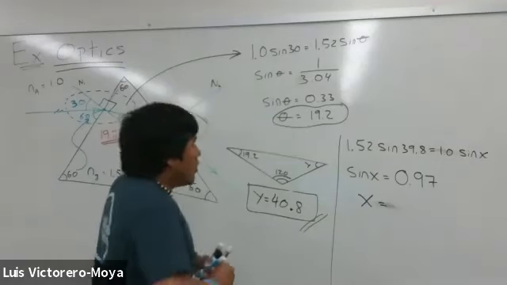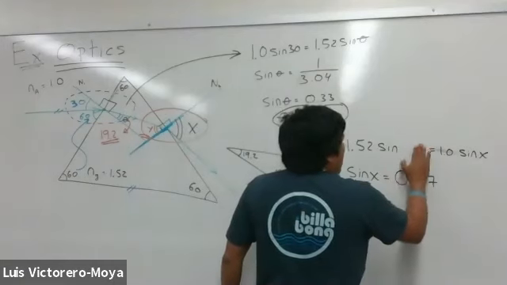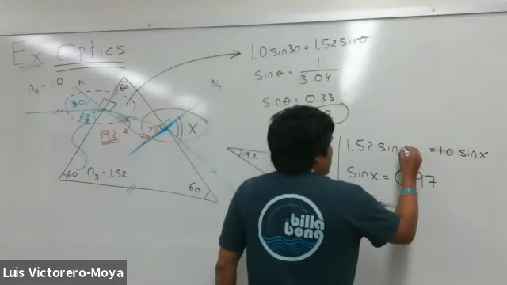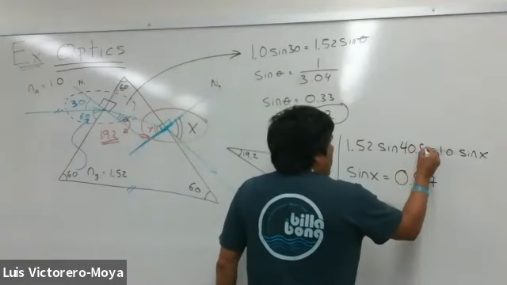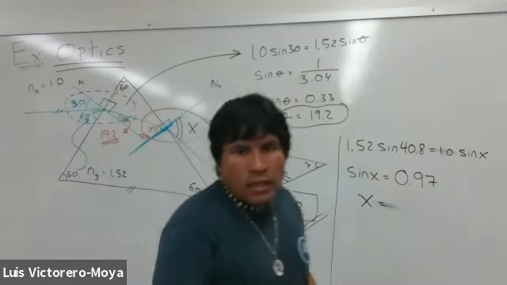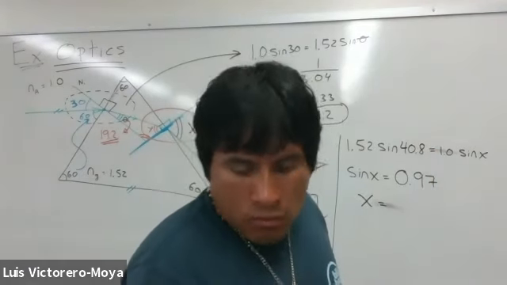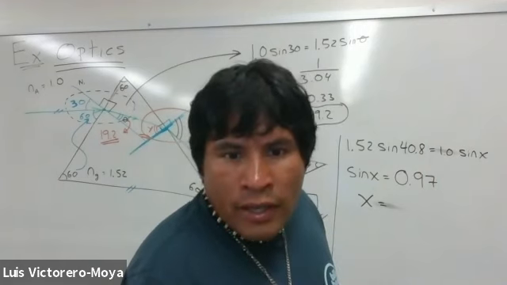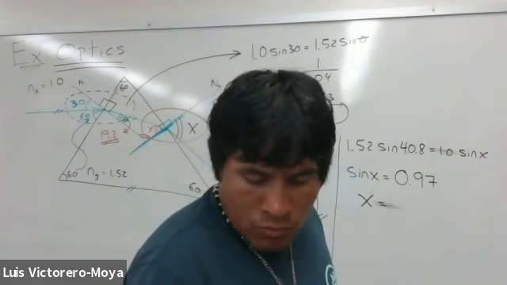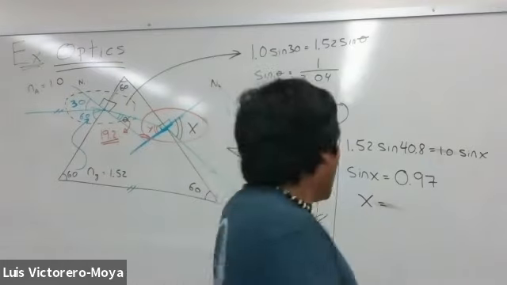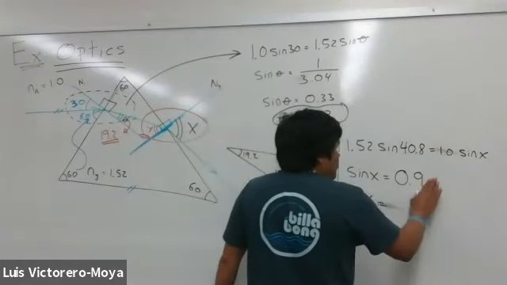I do it in my head. Thank you. 40.8. So that's okay. Okay, so then 40.8, 0.65 times 1.52. Okay, so it's even greater here, so 0.99.